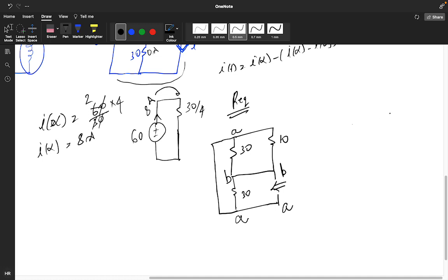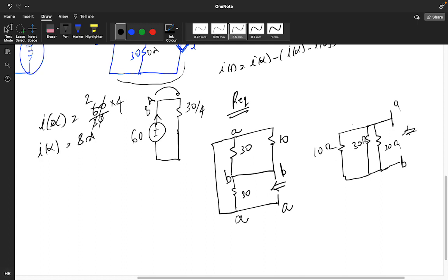So from A to B, what are the connections? From A to B I have a connection of 30 ohm. Any other connection? From A to B I have another 30 ohm. One more 30. And any other connection? 10 ohm.